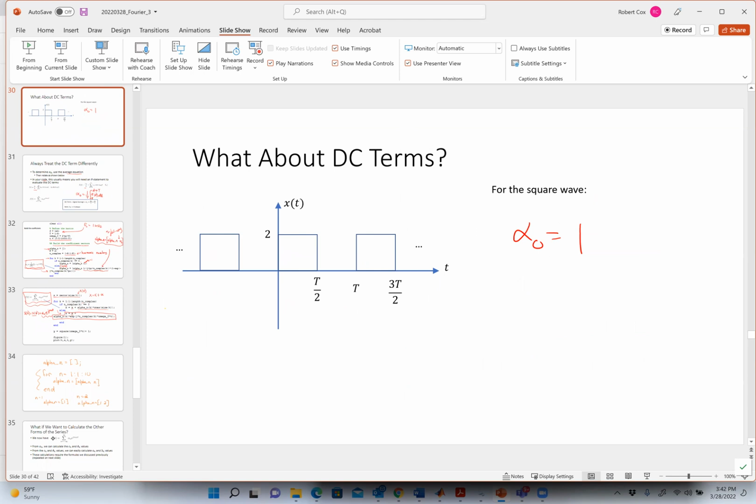All right, but is it ever going to be imaginary? No. But what could it be? Like I could have a square wave that looked like this, but that's totally valid, right? Where this is -2. The average value of this would be alpha 0 equal to -1. That's the average value of that waveform.